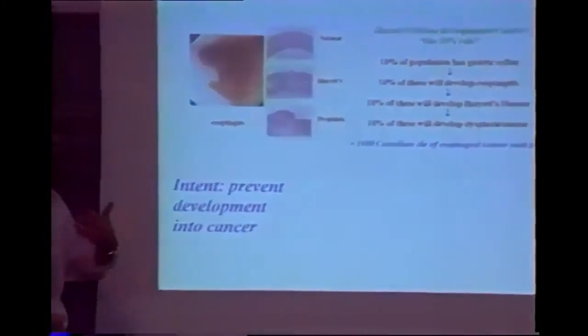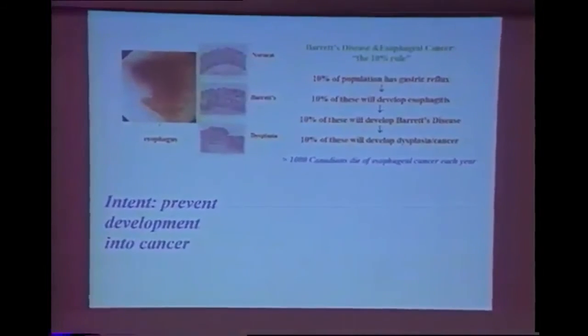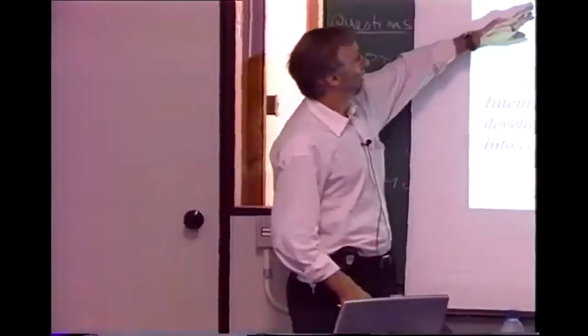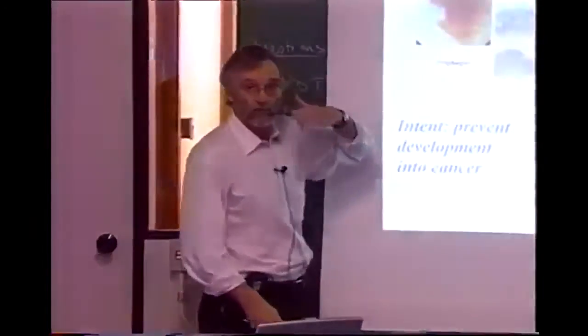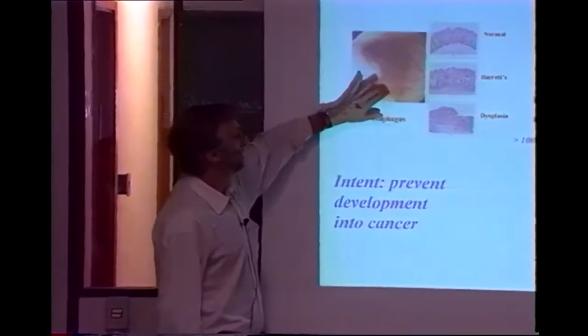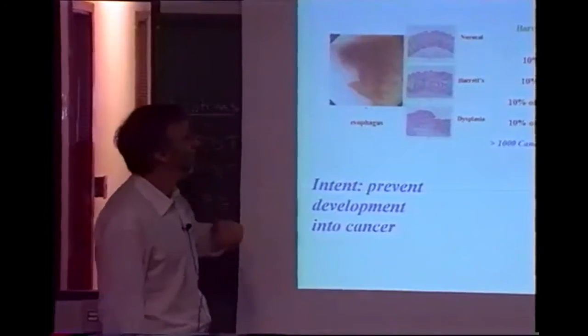So if you have reflux chronic over a long period, then the surface, the mucosa of the esophagus becomes transformed, and instead of being this nice white squamous tissue, it starts to look like the lining of the stomach or the colon, it is columnar.